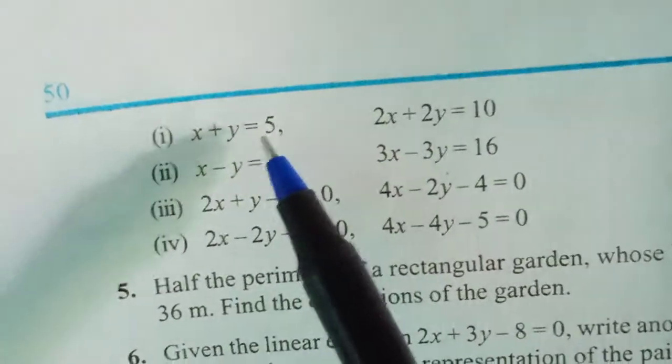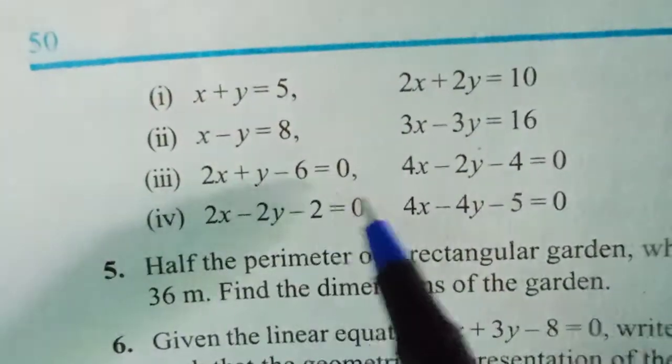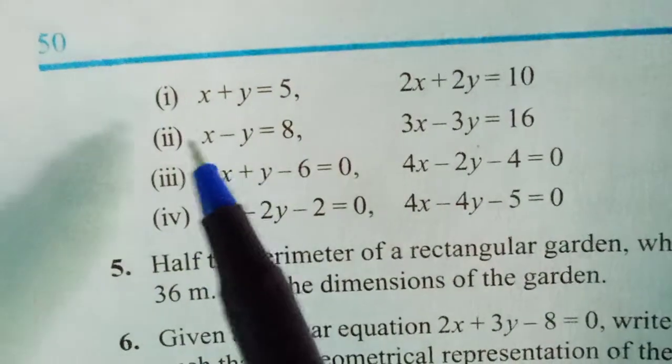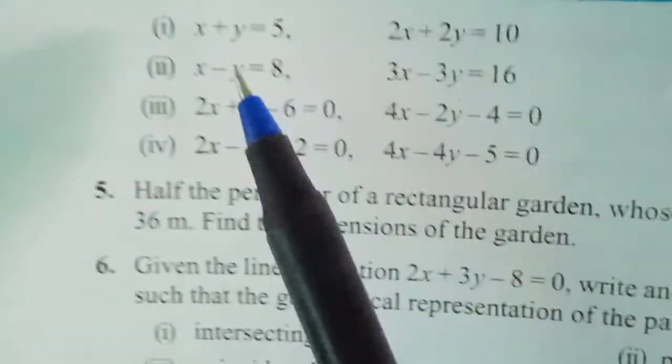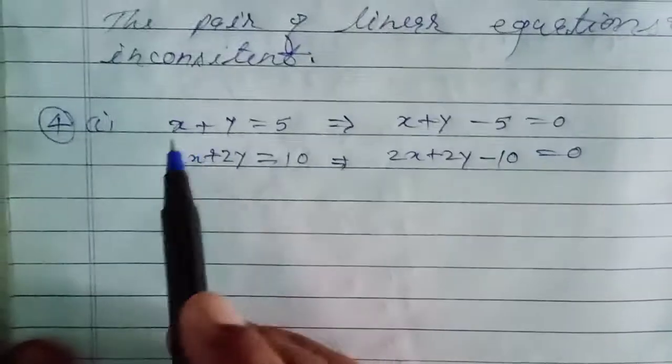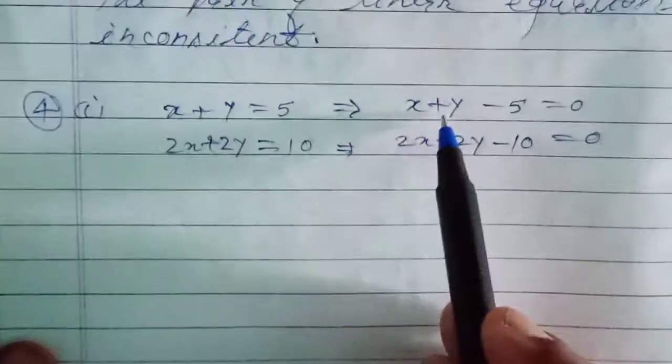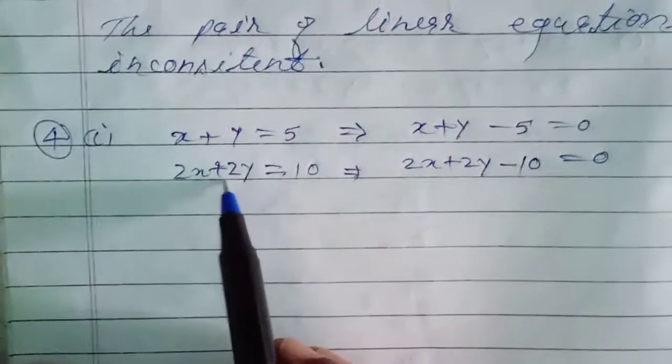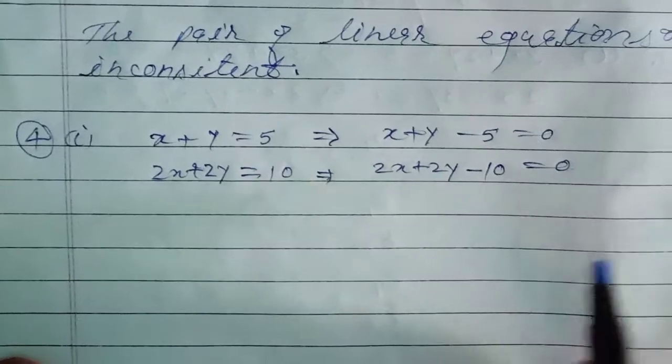First, x plus y is equal to 5. There are 4 questions, so the first question I am going to solve. See carefully. First write the equation. This can be written as x plus y minus 5 is equal to 0 and this minus 10 is equal to 0.